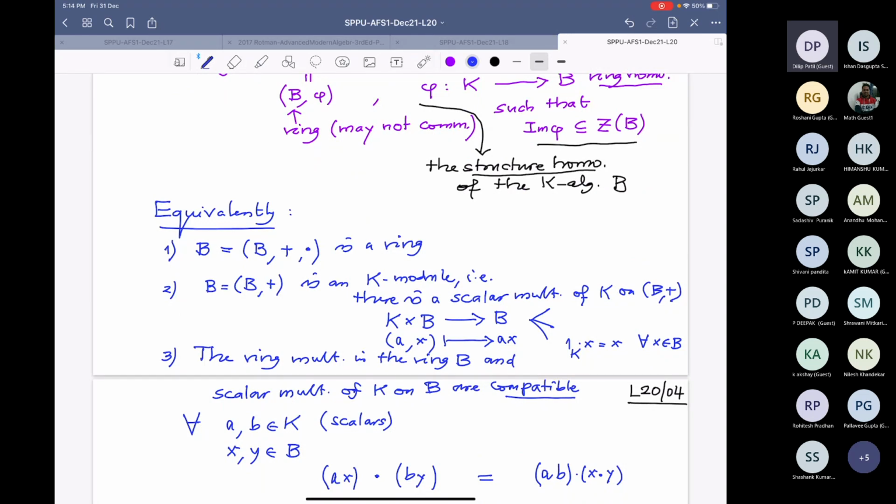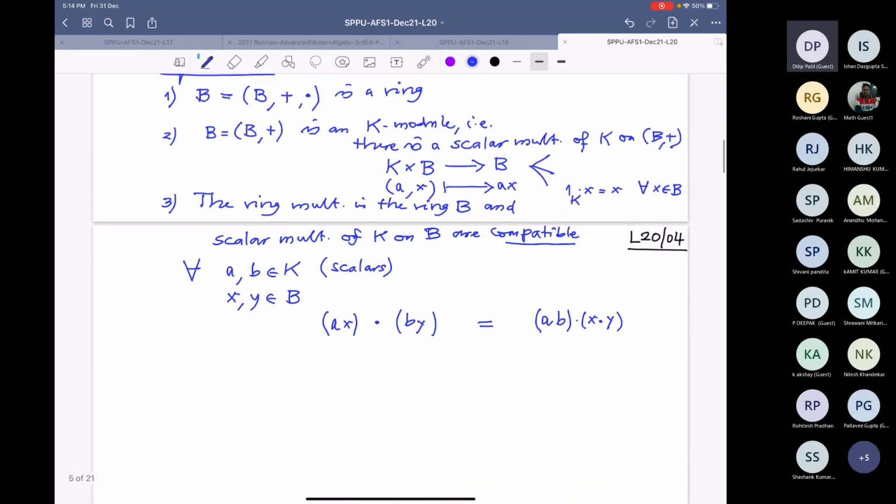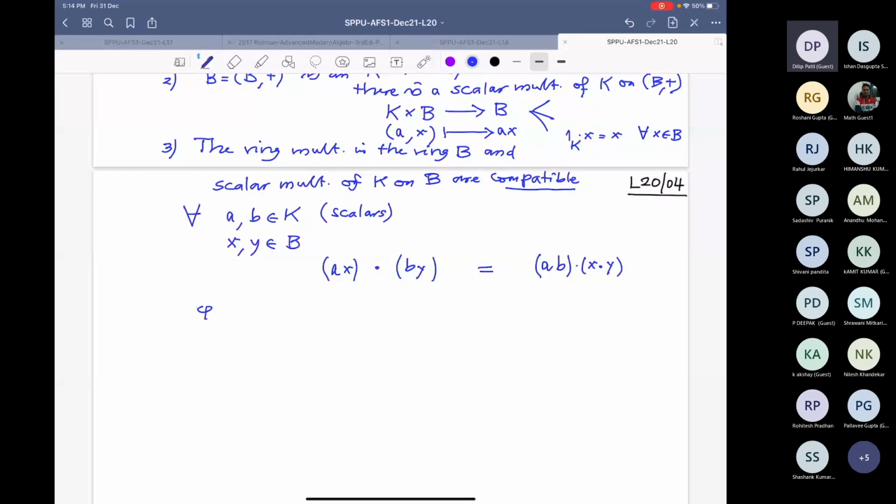And then how do you get that phi from this? Now it is clear how to define phi from K to B. How can you define phi? a goes to a times 1_B. Now you check that if you define this, this is the scalar multiplication, and because of this compatibility, this will become a ring homomorphism, and the image will go inside the center.